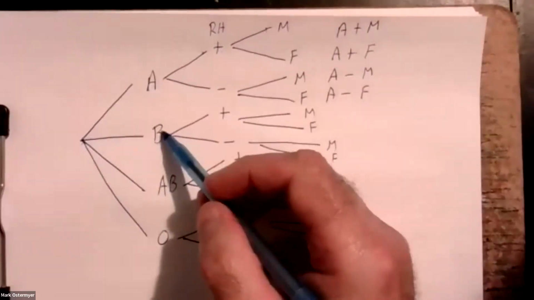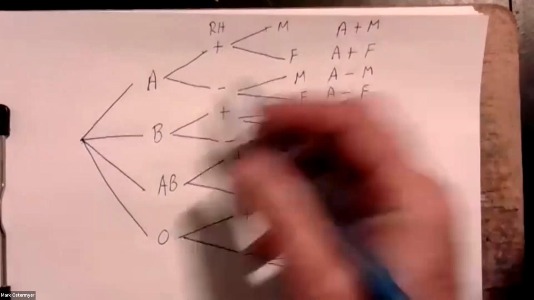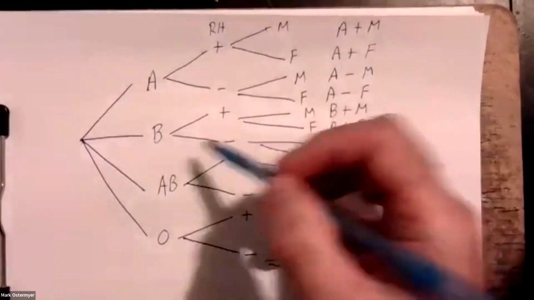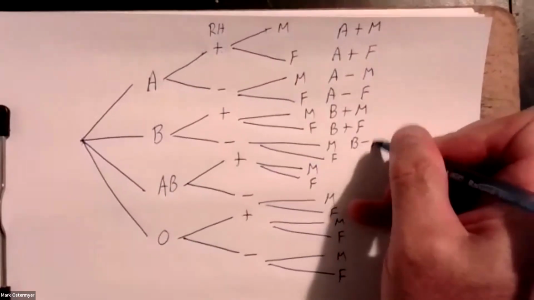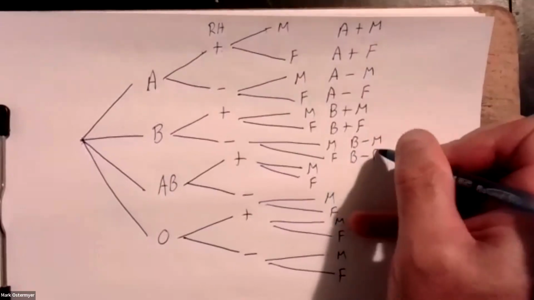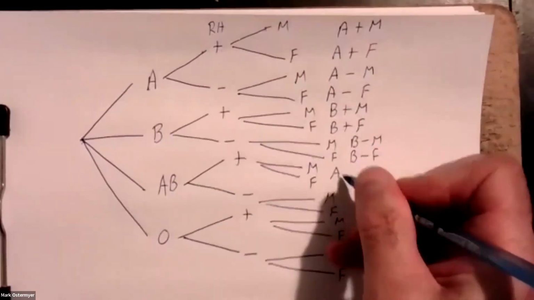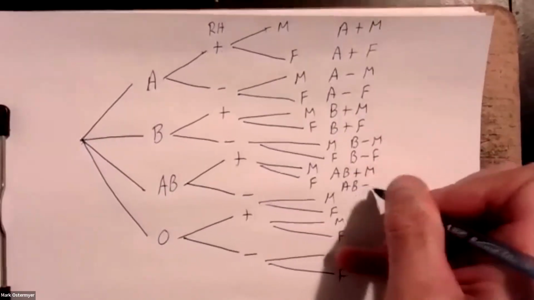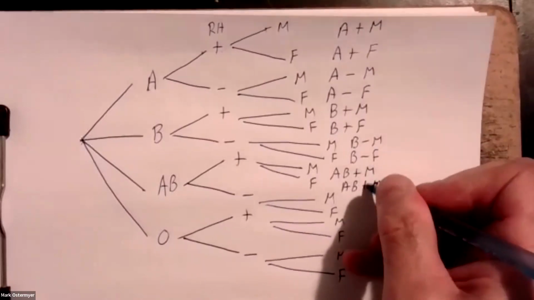You could have type B blood, positive and male, type B blood, positive and female. You could have type B blood, negative Rh factor and male, B negative male, or B negative female. Or you could have type AB blood, positive male, AB positive female, excuse me.